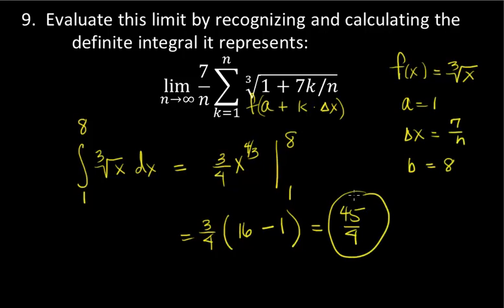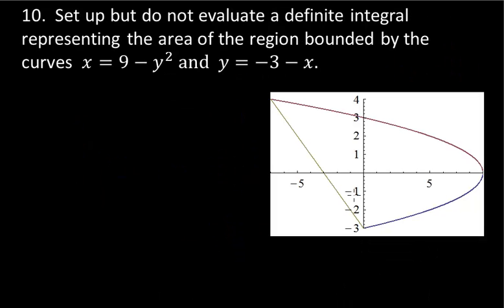We evaluated a limit by recognizing that it was the limit of a Riemann sum and therefore had to be a definite integral. So we found the definite integral and evaluated that.